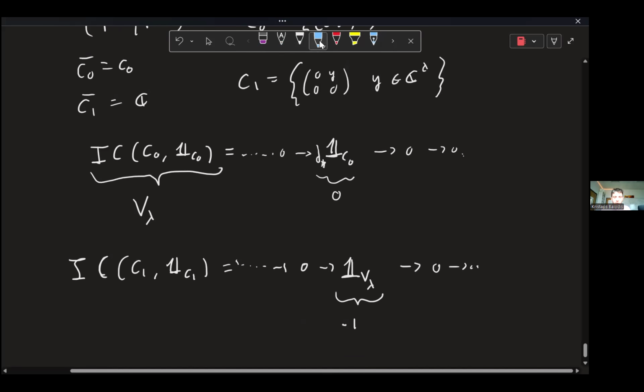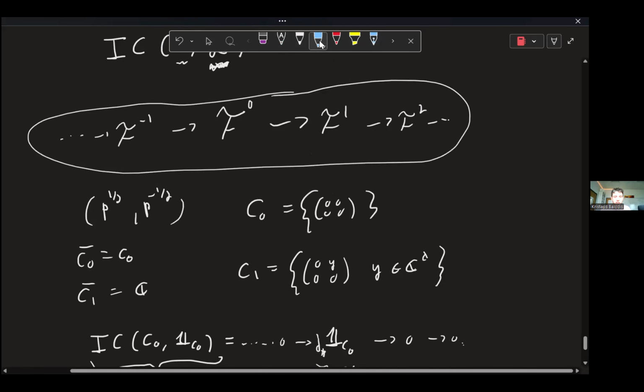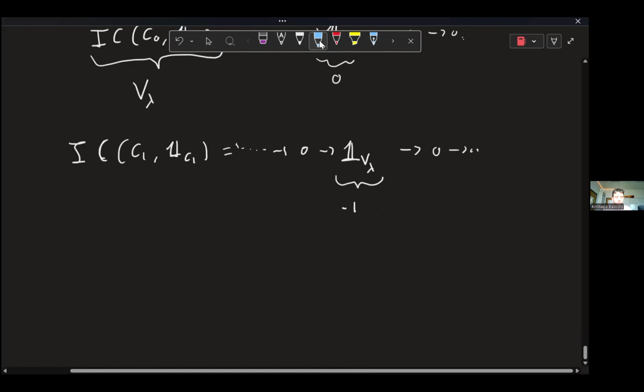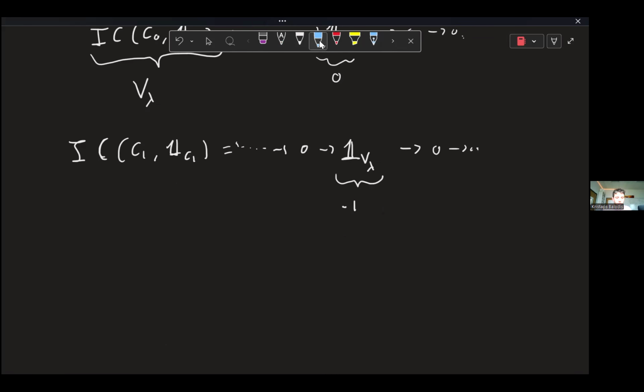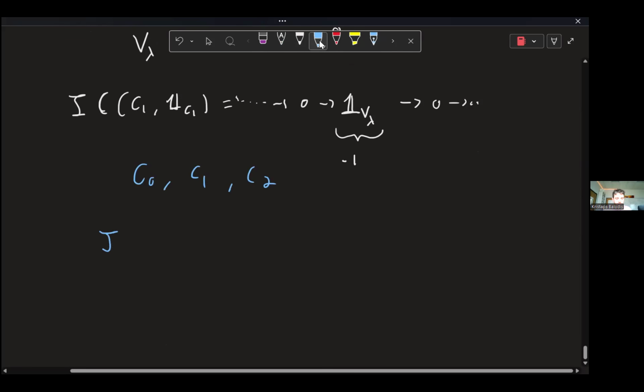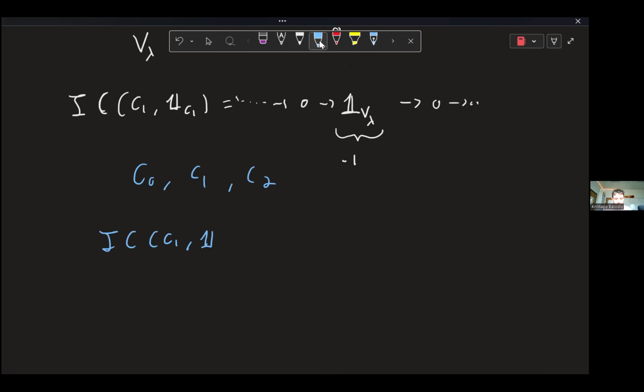Compare this, however, with the IC. If we go to the GL4 example, where we now had these three orbits which were stratified by rank, the intersection cohomology complex associated to the middle orbit, is this right?